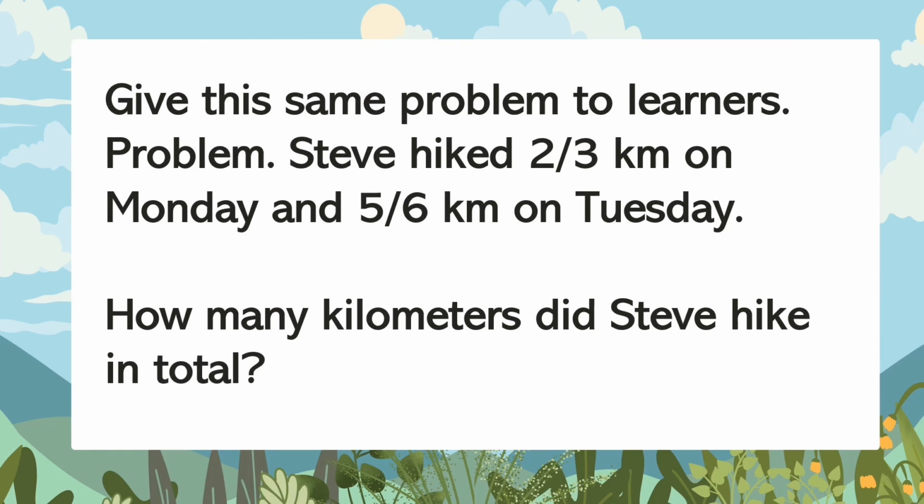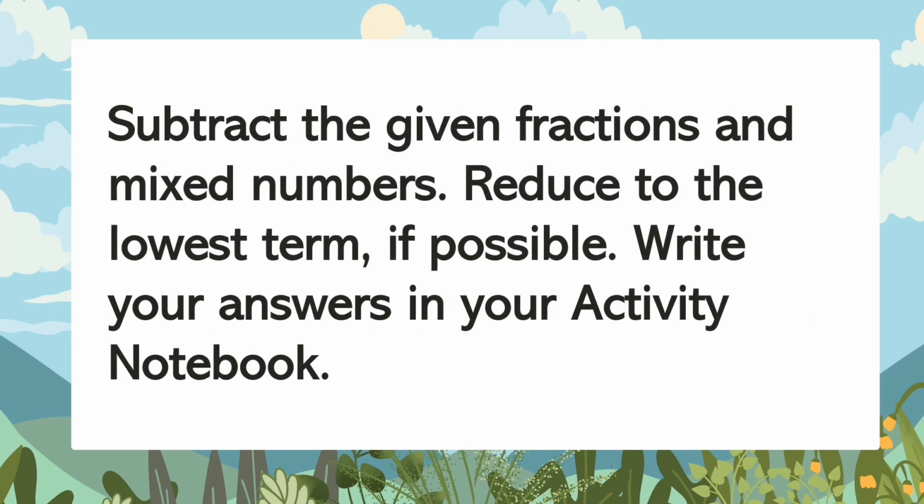Steve hiked 2/3 kilometer on Monday and 5/6 kilometer on Tuesday. How many kilometers did Steve hike in total? Subtract the given fractions and mixed numbers. Reduce to the lowest term if possible. Write your answers in your activity notebook.